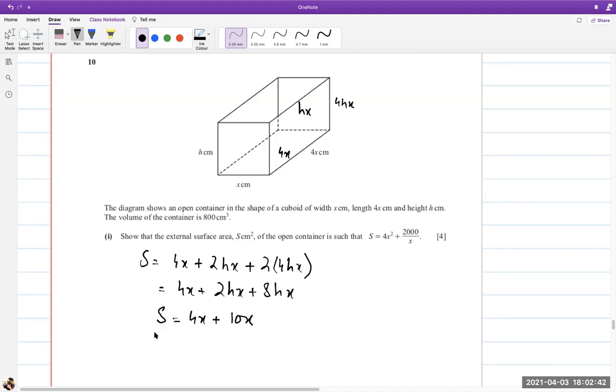Okay, this much is right, but what is h? I don't know h, but I know that 4 times x times h is the volume and that is 800. So I can see that h is going to be 800 over 4x squared, which is 200 over x squared. There you go. I'm going to plug that in there.